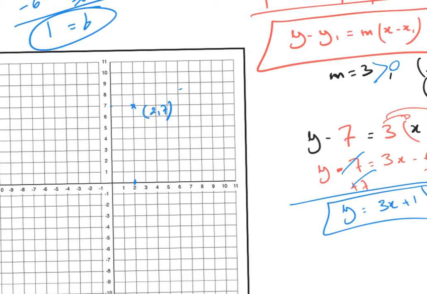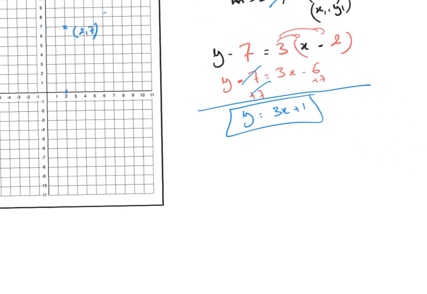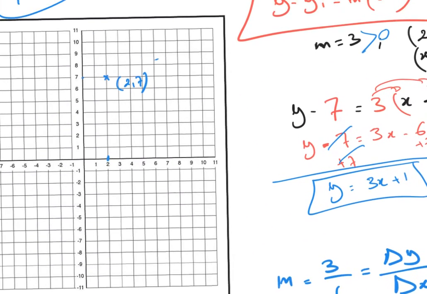And I have the slope, which is 3. Now the slope means change in y over change in x. So m equals 3, that's 3 over 1, change in y over change in x. Here we have the starting point.